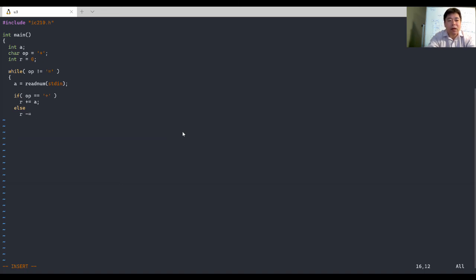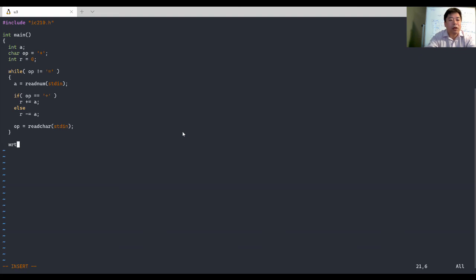If the operator is minus, you subtract it. So far you read a number, you update the result, and then you read the next operator for the next iteration, read char, and then the loop moves to the next iteration. Once you meet the operator equal sign, you're done.